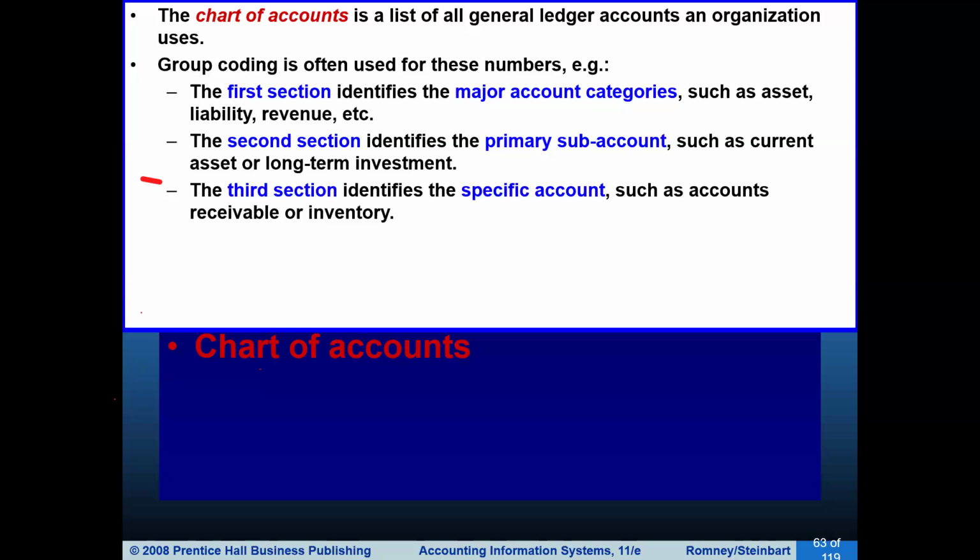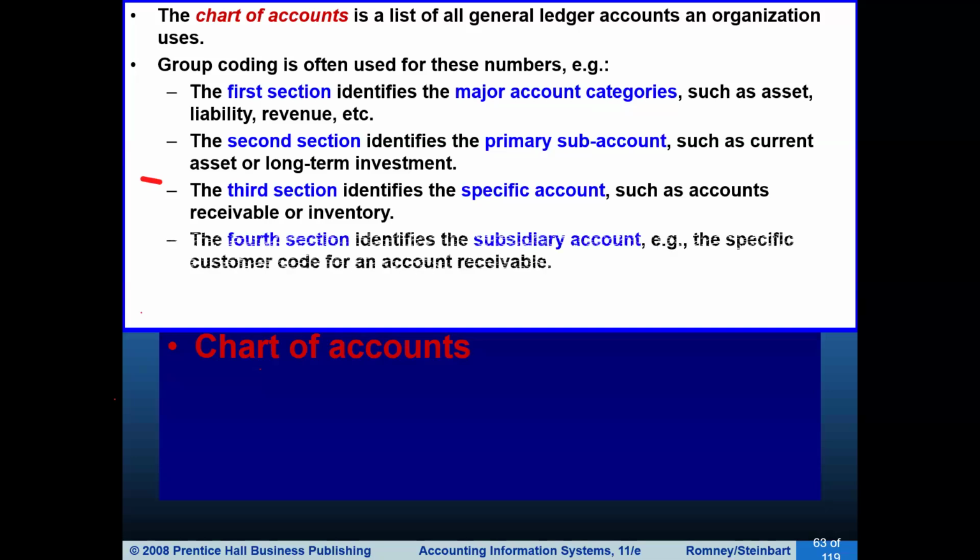Say you have assets. You divide assets into current assets and non-current assets. Then under current assets, we have inventory and receivable. Under non-current assets, we have land and building, right? Likewise, you can assign numbers. The fourth section identifies subsidiary accounts, such as a specific customer code.